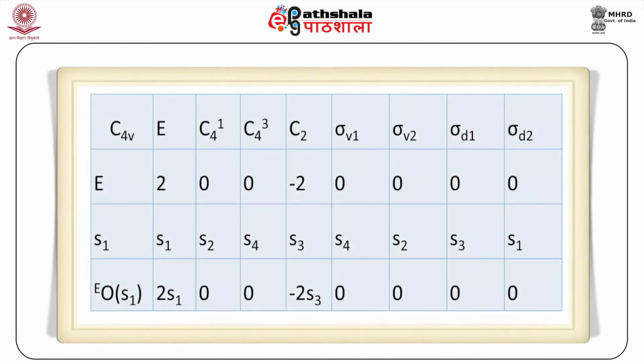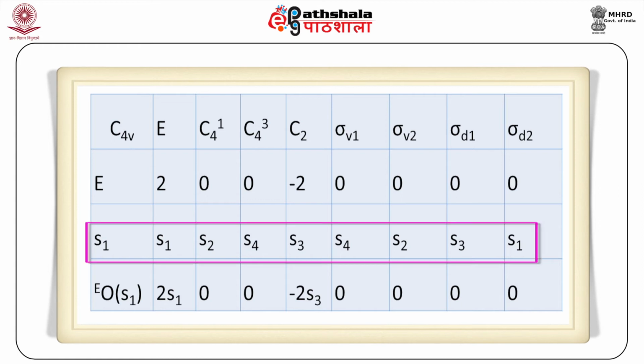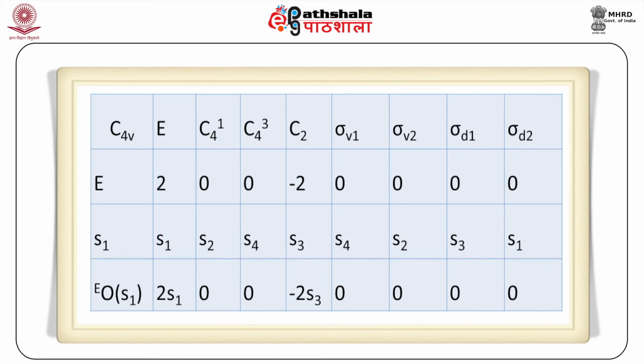If we make use of the transformation operator corresponding to E, let us operate on S1. The results for this are again given in the table, that is S1 goes as S1, S2, S4, S3, S4, S2, S3, S1 like this, and the net result which we are getting is shown over here.